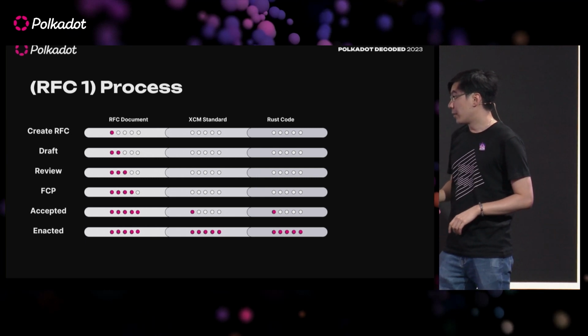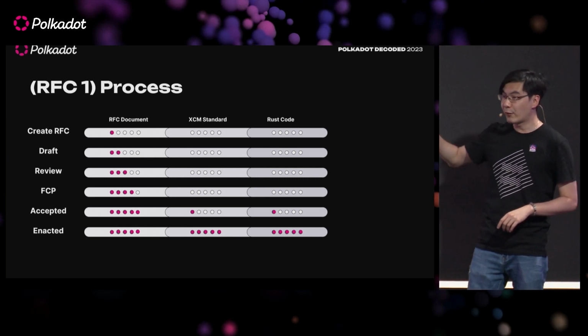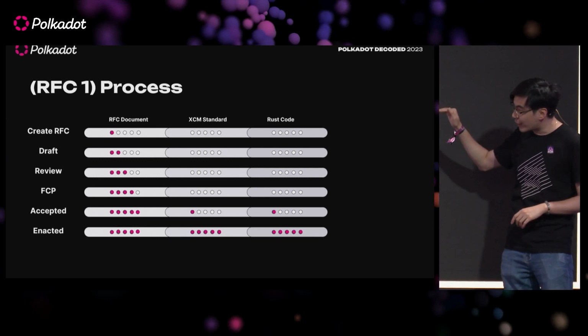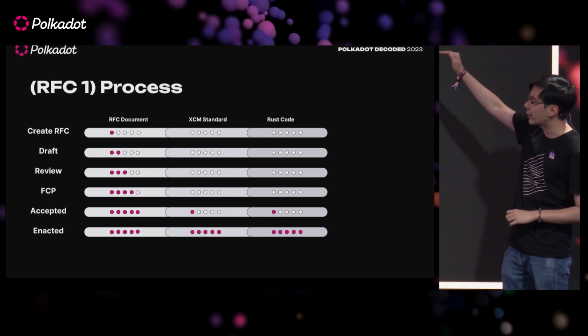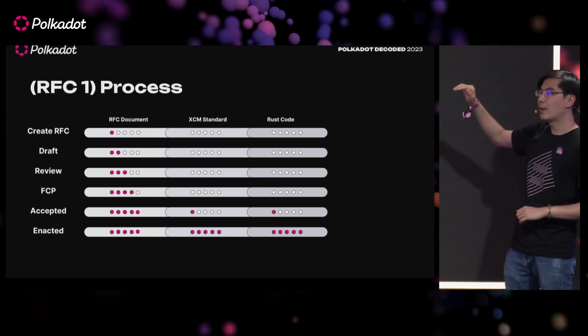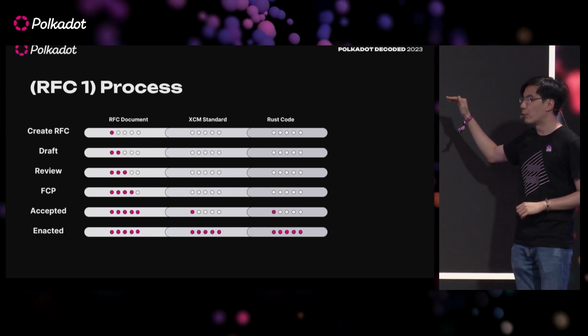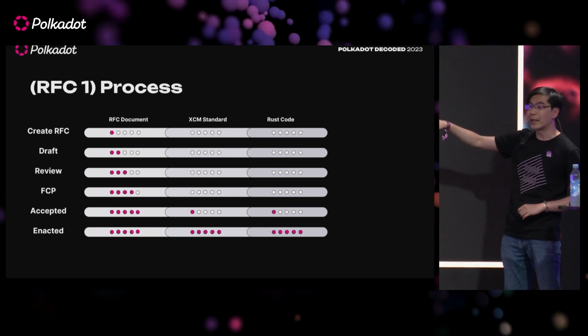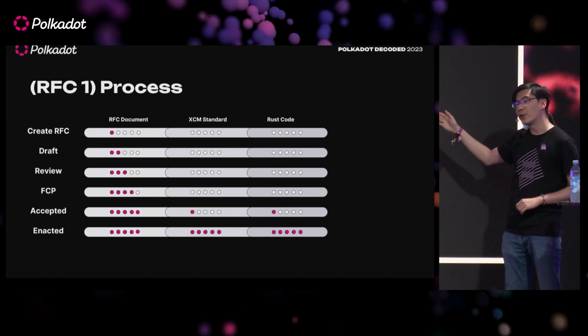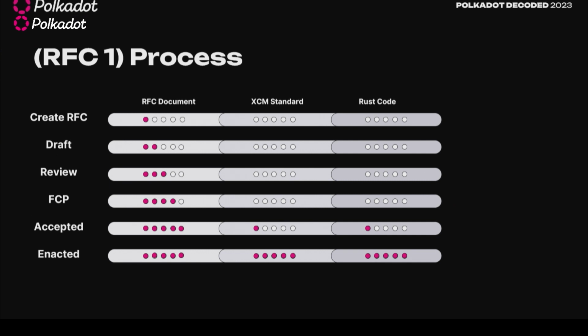Now, you can see that we have a generally really nice waterfall model going from creating an RFC and then moving on to the draft. Then finally, it goes to this review process, and then it goes to what we call an FCP, a final comment period. Those of you who have participated in the Rust RFC process will be very familiar with the final comment period.